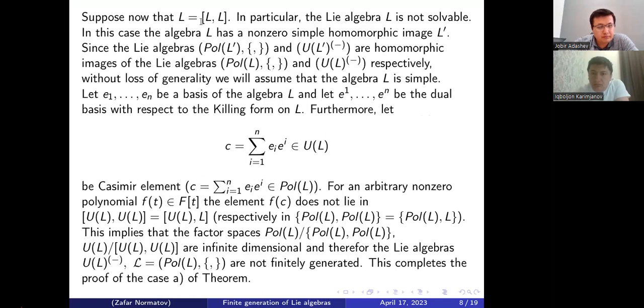Now, suppose now that L equals this bracket. And in particular, this means that this Lie algebra is not solvable. So the algebra L has a non-zero simple homomorphic image L prime. Since these Lie algebras are homomorphic images of these Lie algebras, respectively, without loss of generality, we will assume that L is simple.